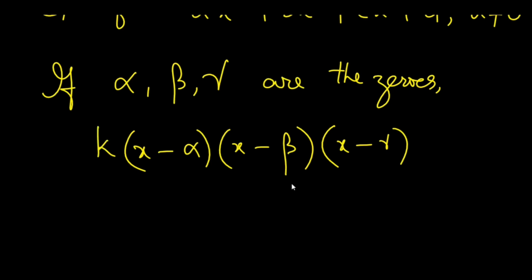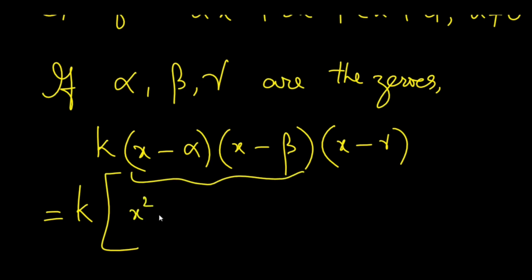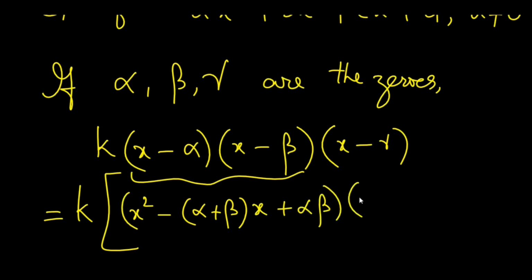So the cubic polynomial will be k into x minus alpha into x minus beta into x minus gamma. By expanding, we get, up to here we know, x square minus alpha plus beta into x plus alpha beta, into x minus gamma.